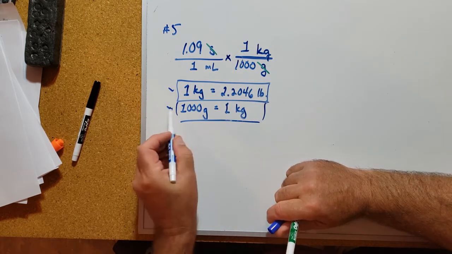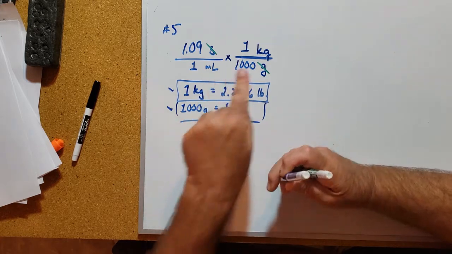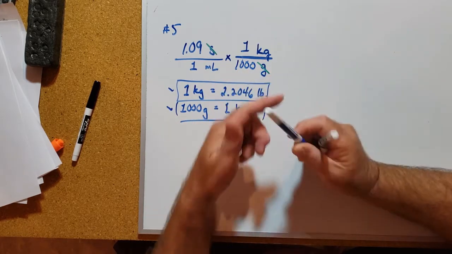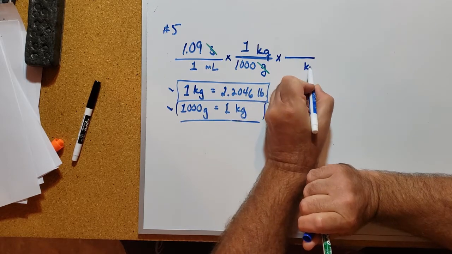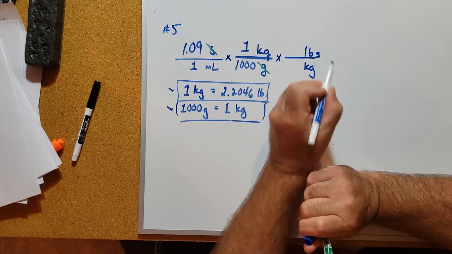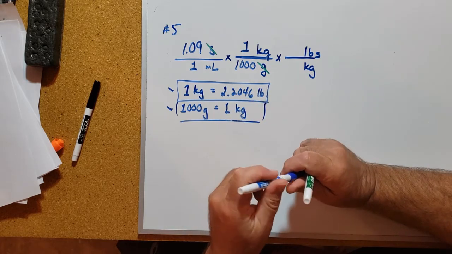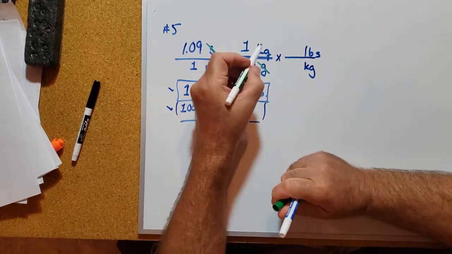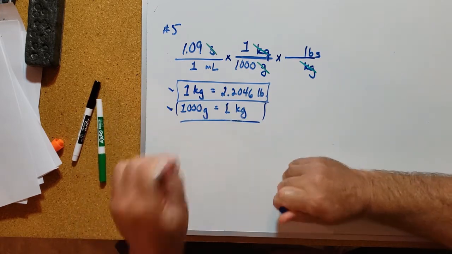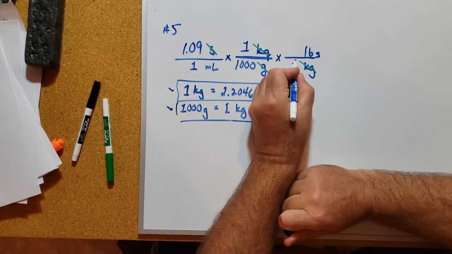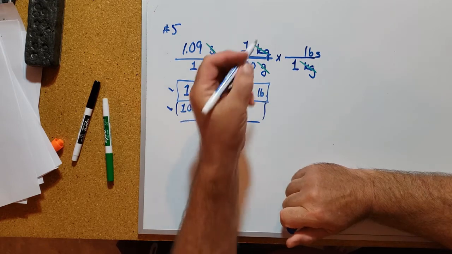Okay, so we've used that conversion factor. When we look here, we have kilograms, but we want to get the pounds. So we'll put in kilograms and pounds. Notice kilograms is on bottom, so that kilograms here cancels with kilograms here. And now we could just put in the numbers. 1 kilogram on bottom and 2.2046 pounds on top.